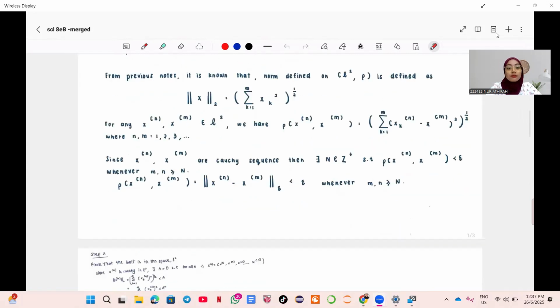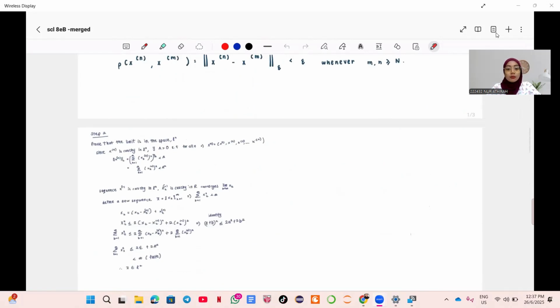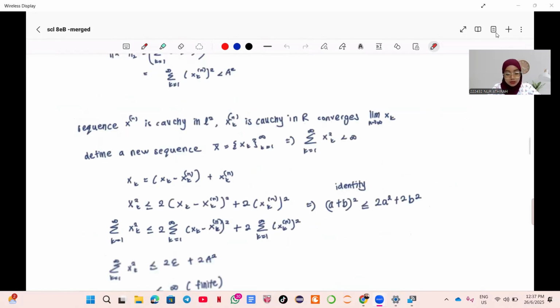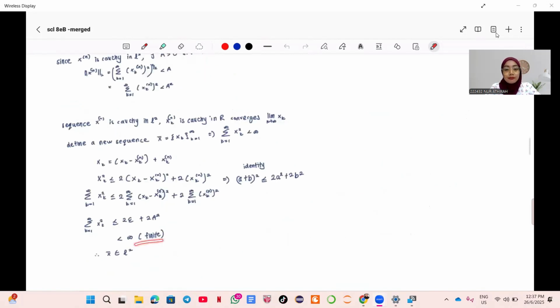So in step 2, we prove that the limit sequence actually belongs to L2, meaning that the sum of the squares of its entries is finite. We must show that it is finite.